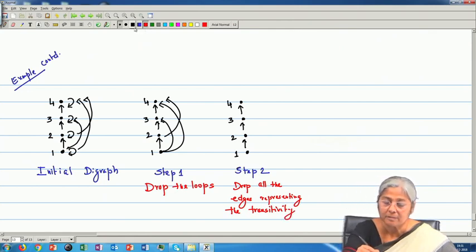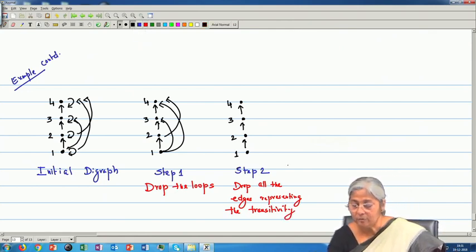Now, my final step, we drop all the arrows. This is only the connection.